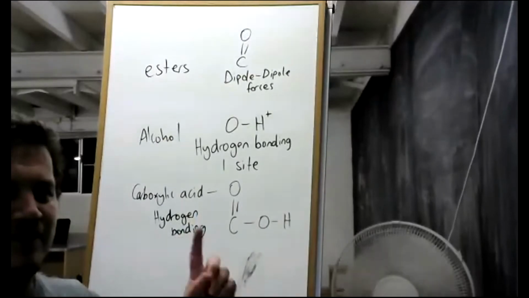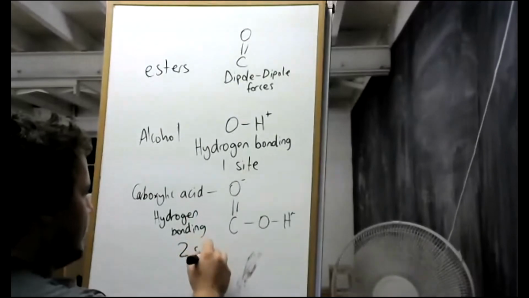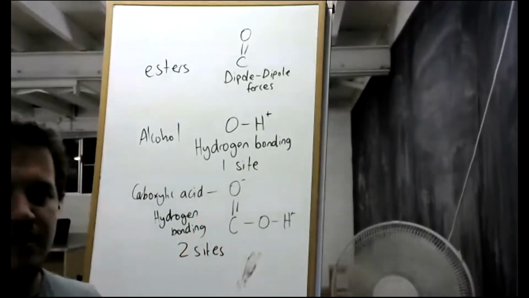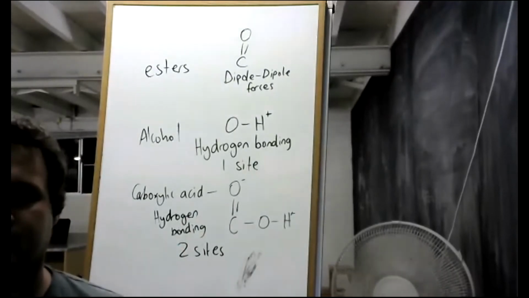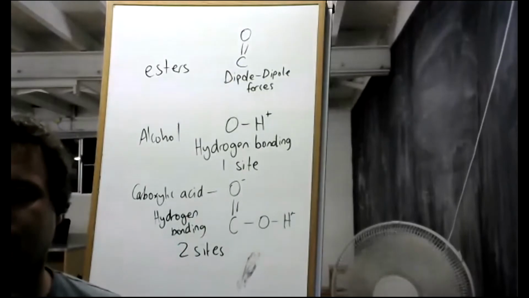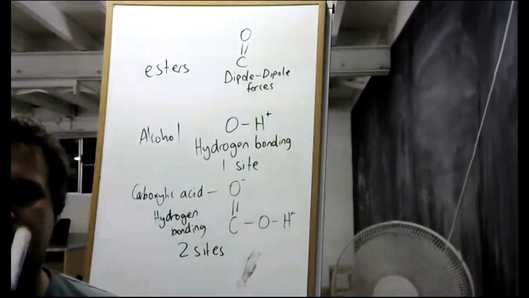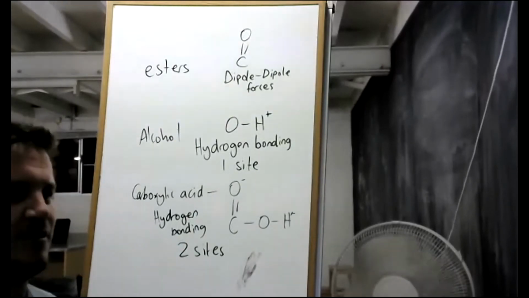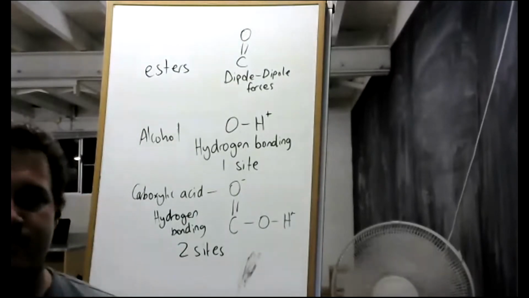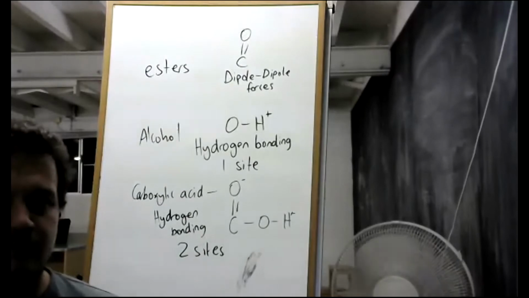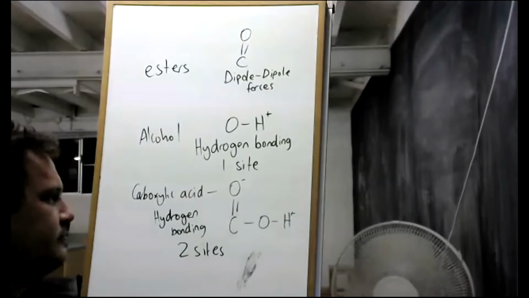But instead of just having one site, you've got a site here and a site here. So you've got 2 sites for hydrogen bonding. And there's a technical name for this, Kai. What would it be? They form a specific type of molecule that you would need to state to get full marks for this question. A dimer.